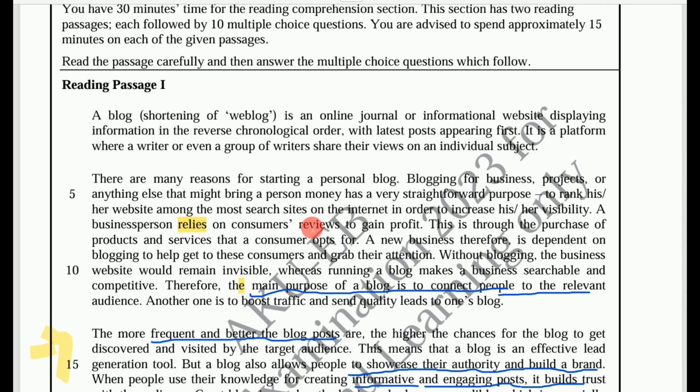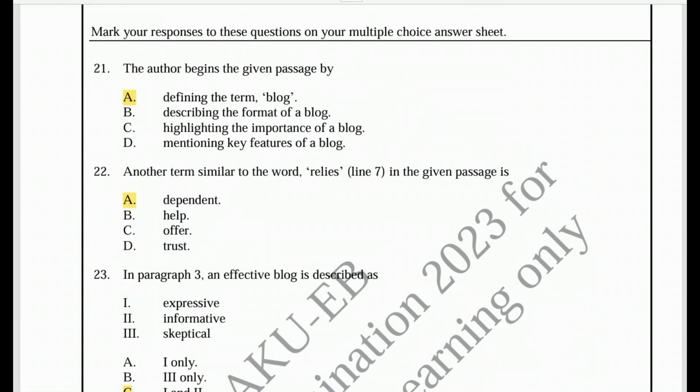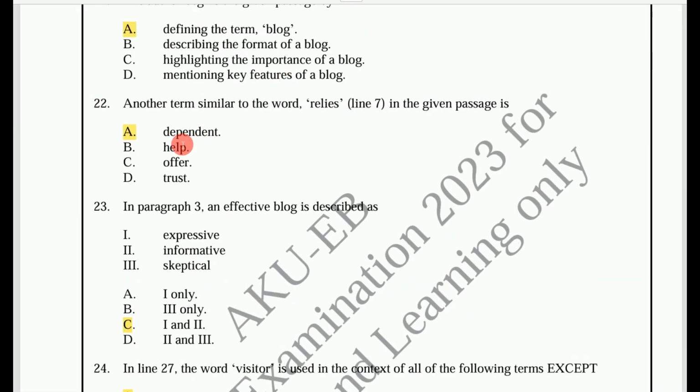So we will read one line to get an idea in which context it is used. On the internet, in order to increase his or her visibility, a businessman relies on, depends on, consumers' views. So he is depending on consumer views to gain a profit. So here it is not used in the sense of trust, it is used in the sense of dependent.